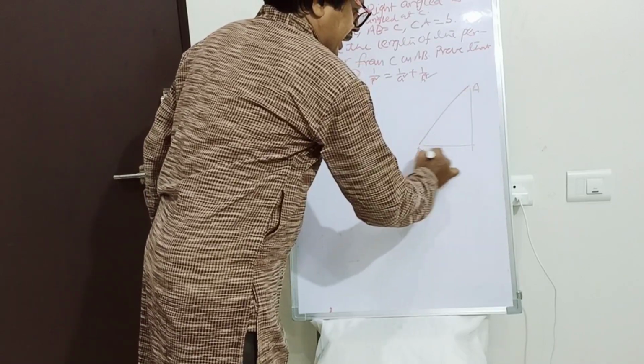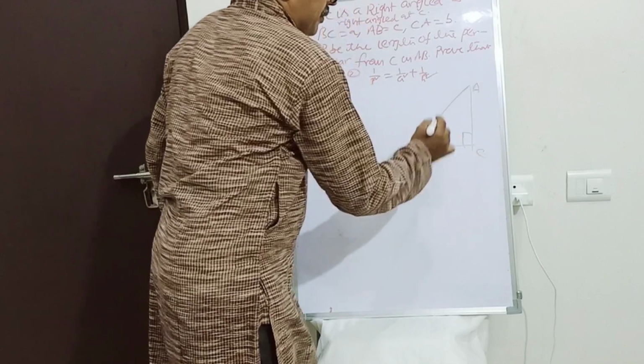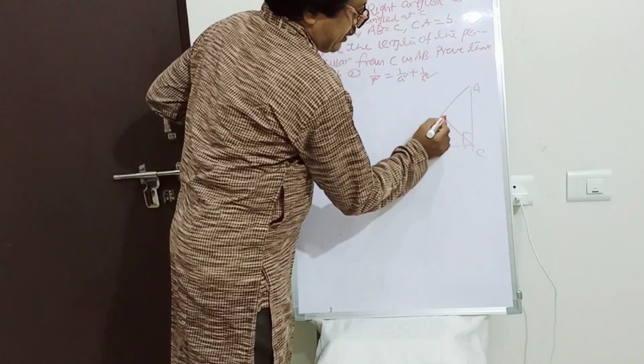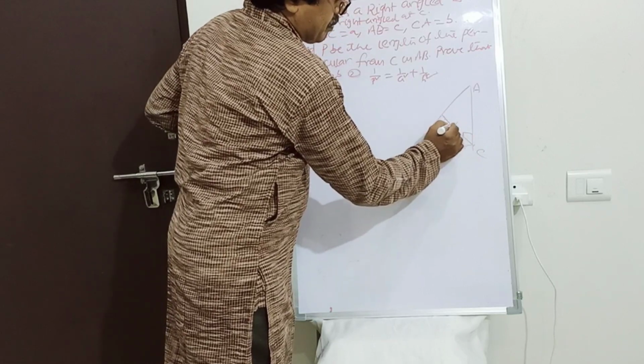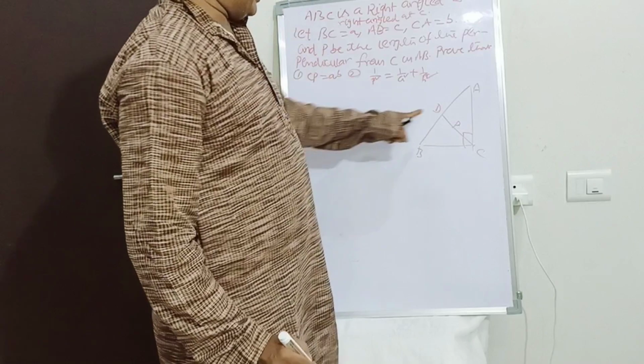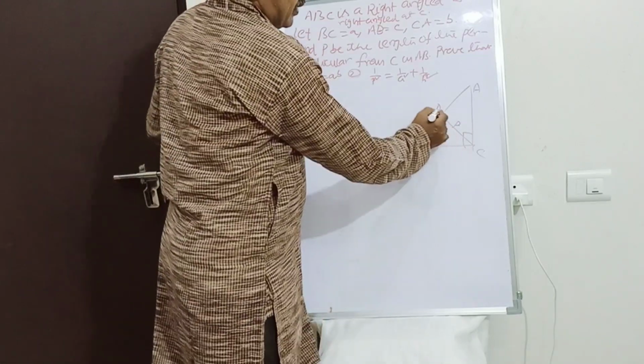ABC is a right angle triangle, right angle is at C. Let p be the length of the perpendicular from C to AB. Let D be the point on AB.